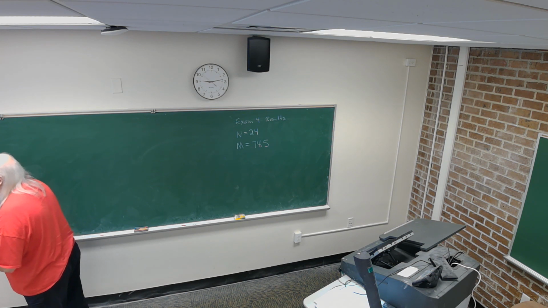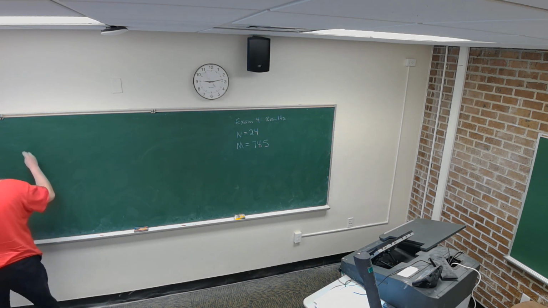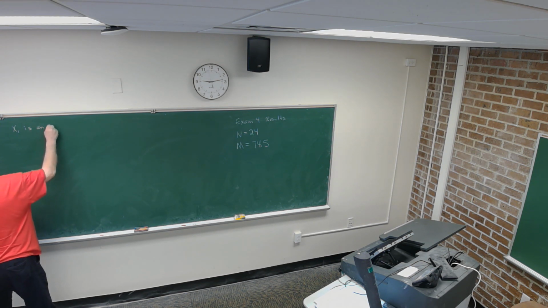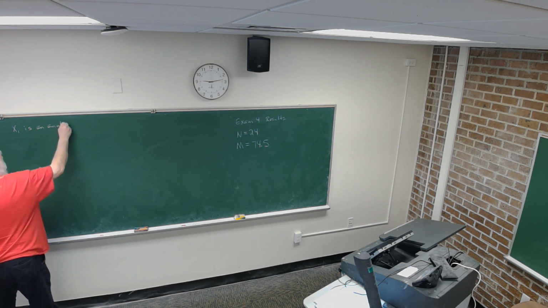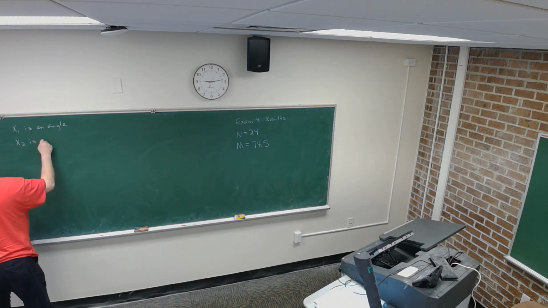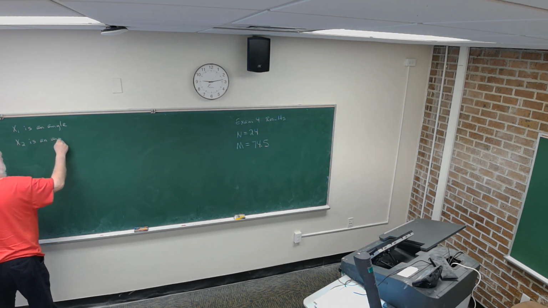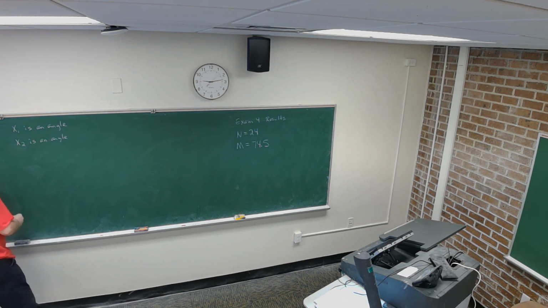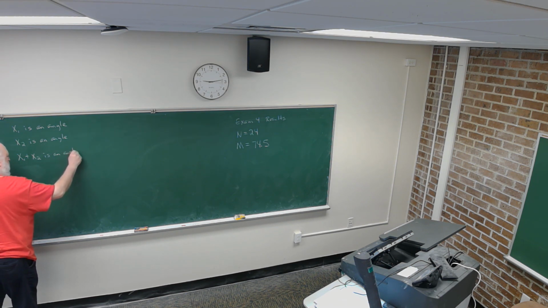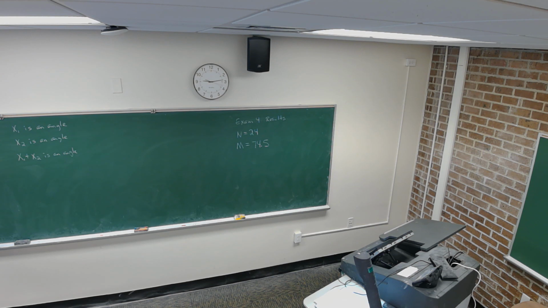And so in these formulas, x sub 1 is an angle, x sub 2 is an angle, and then the sum of x1 and x2 is also an angle, right? The sum of two angles is an angle.